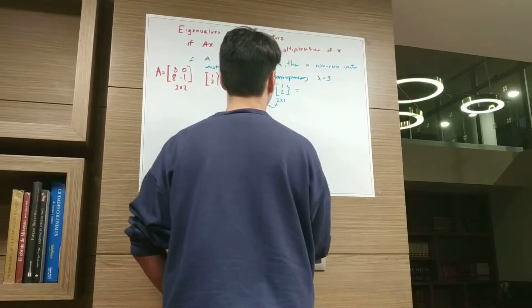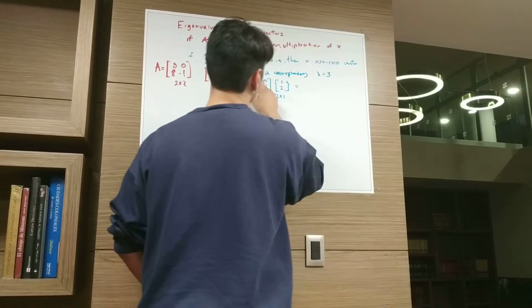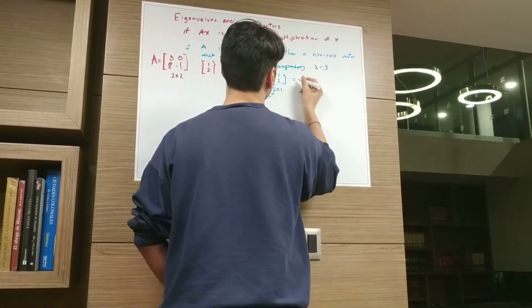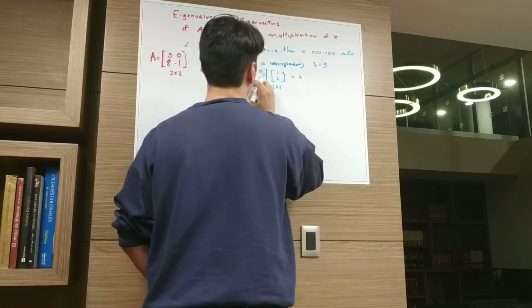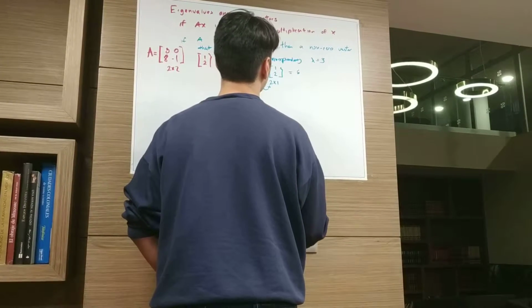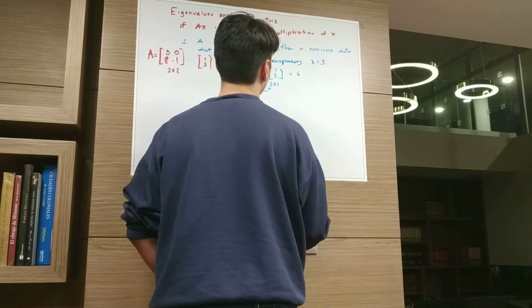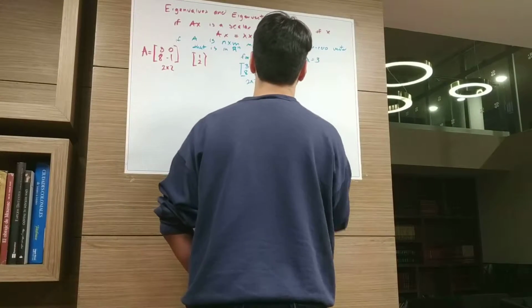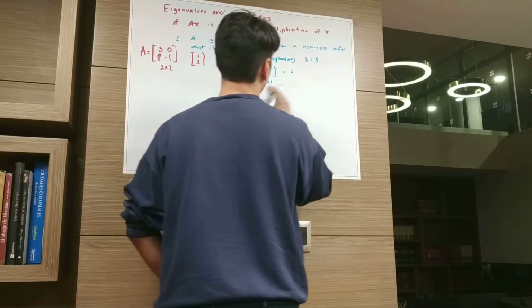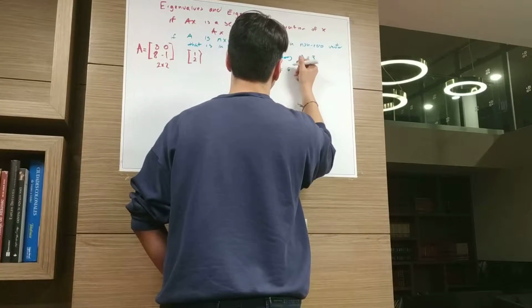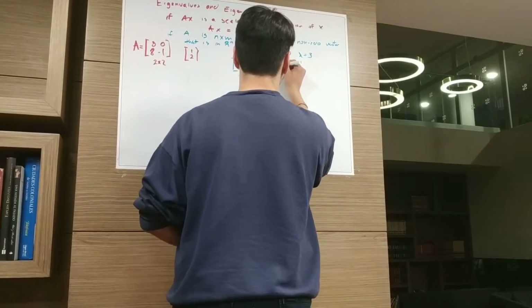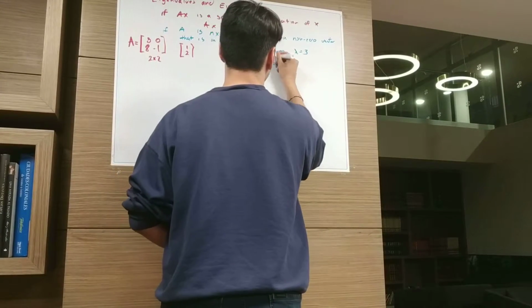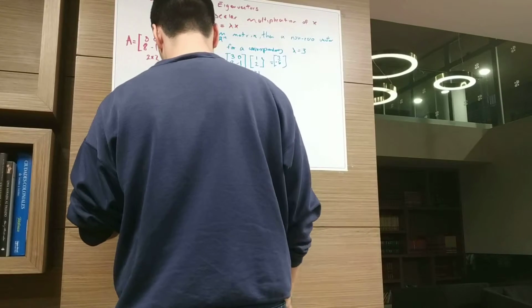This is going to be: 3 times 1 is 3, plus 0 times 2 is 0, giving 3, and 8 times 1 is 8, and 2 times minus 1 is minus 2, giving 6.